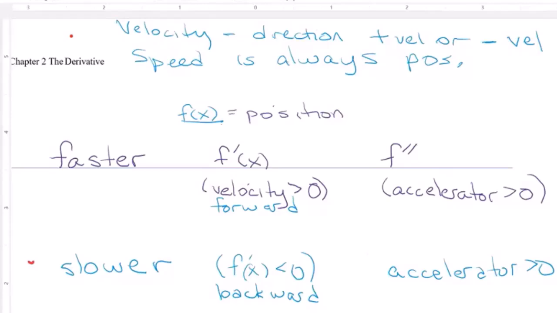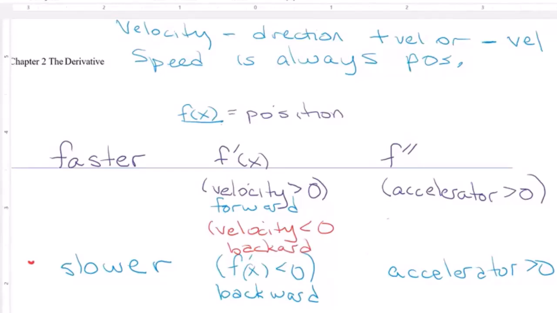Now, what if my velocity is negative? So let's say my velocity is negative. So it's less than 0. Now I'm going backward. Okay.